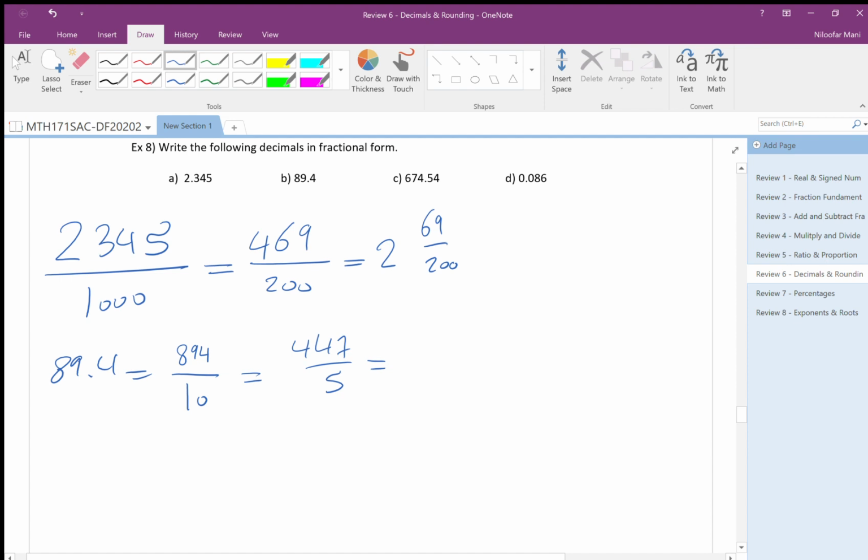And how many 5s do I have? I have 89, and then 2 is left, so 2 over 5.